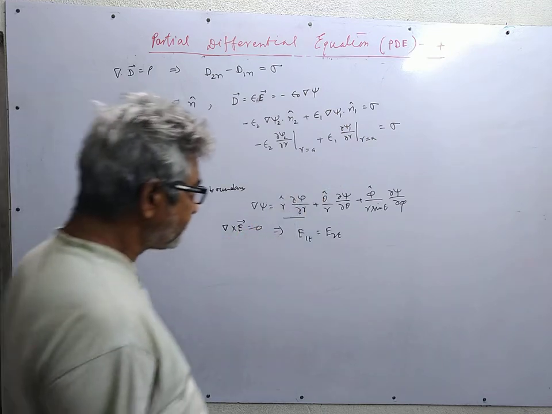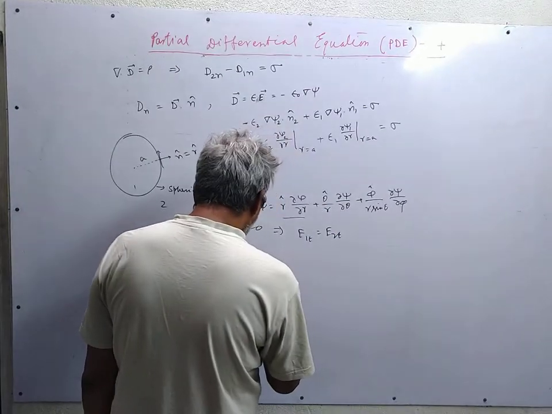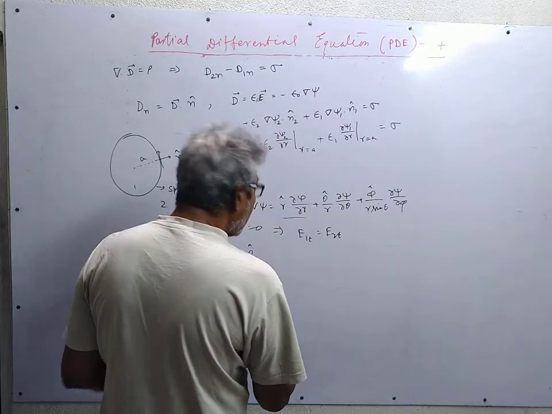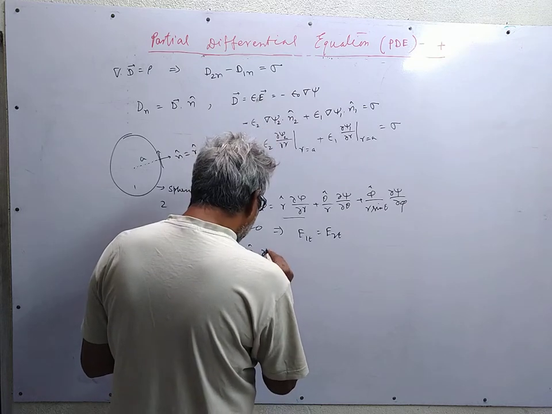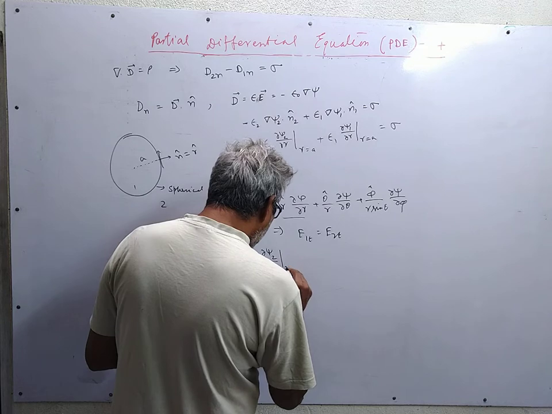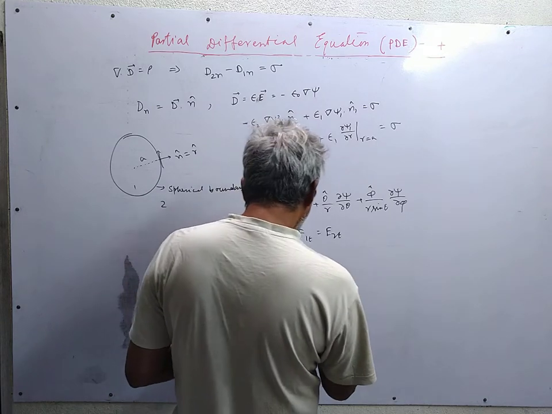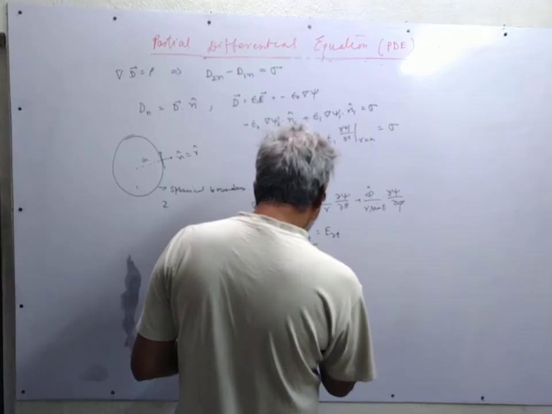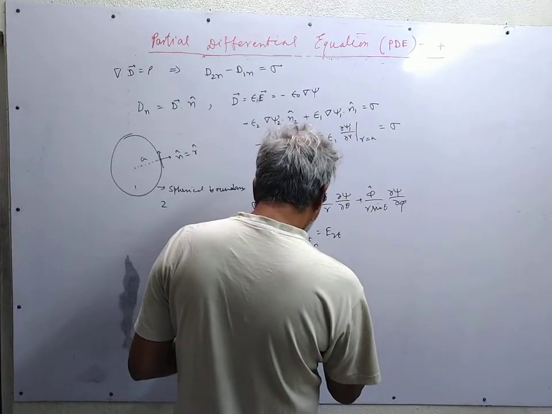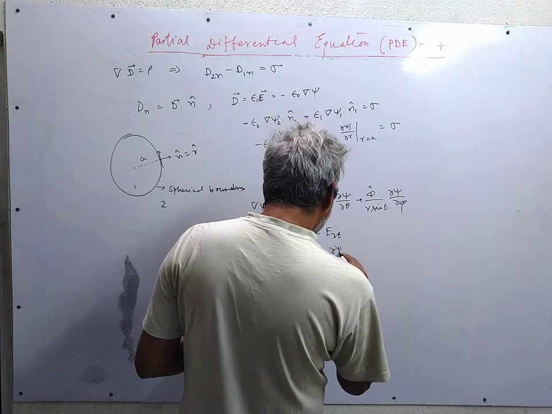So this part, theta cap by A del psi 2 del theta at r is equal to A, plus phi cap by A sin theta del psi 2 del phi.